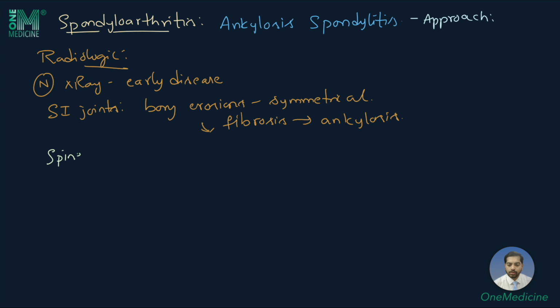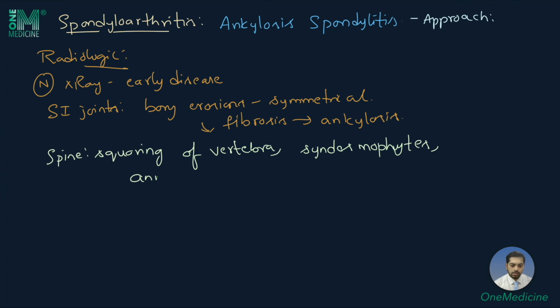The spine shows squaring of vertebra, syndesmophytes, annulus fibrosis ossification, and ossification of the longitudinal spinal ligament causing bamboo spine.